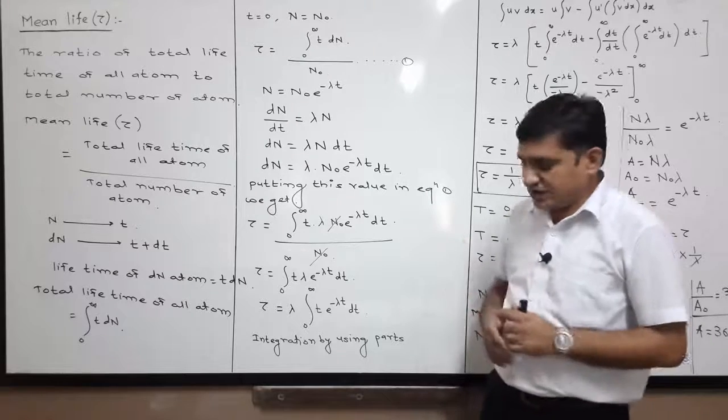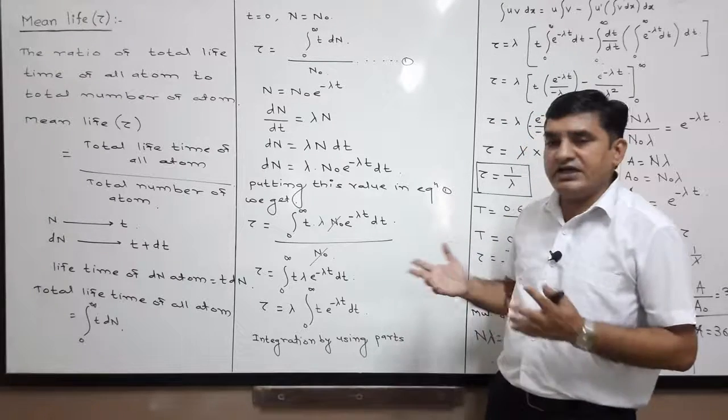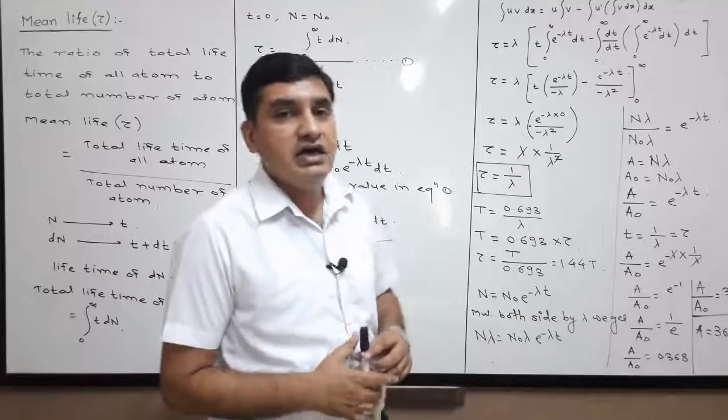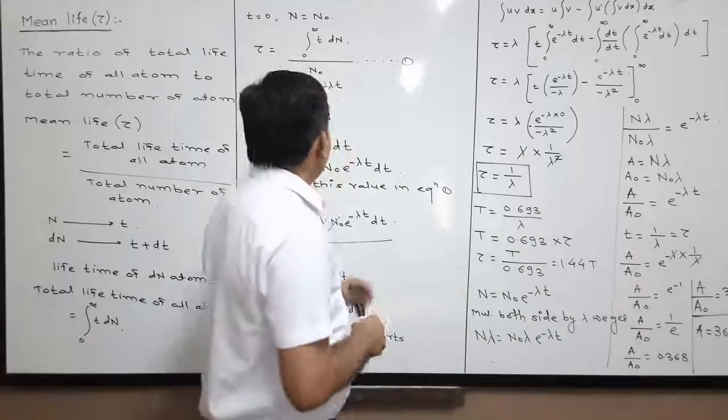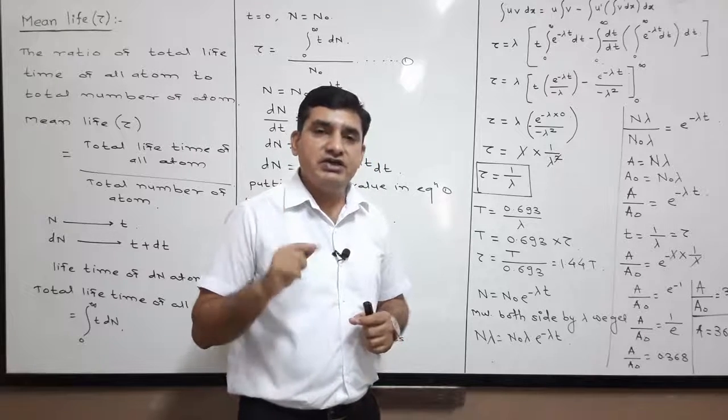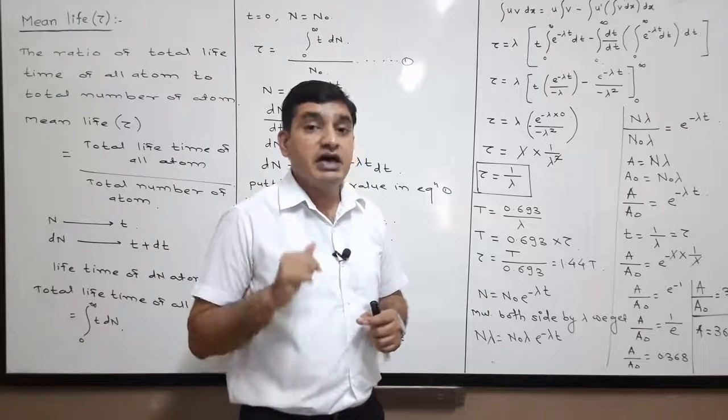But we know that when t is equal to 0, N is considered as N0, that is, the number of radioactive nuclei is N0. Again we can say that tau is equal to the integration from 0 to infinity of t dN divided by N0.